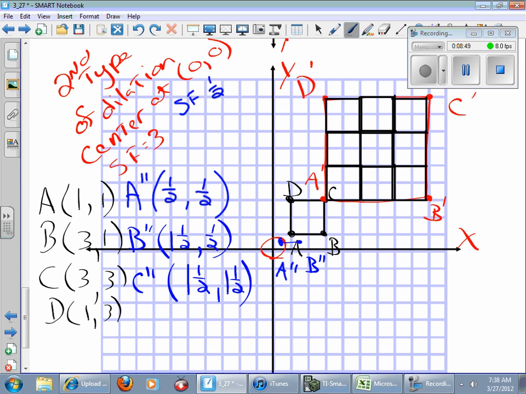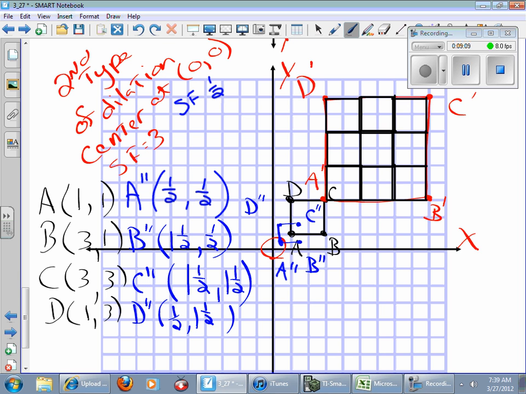So 1 1/2, 1 1/2 would be right about there. C double prime. And D double prime will be at 1/2 and 1 1/2. And there's D double prime.